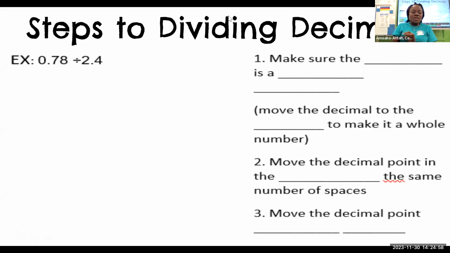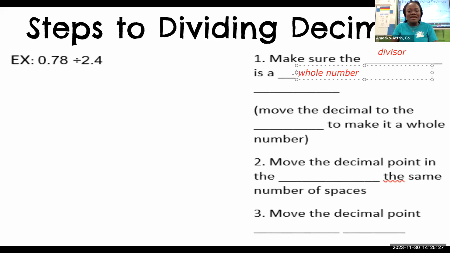One, if you have a problem, for example, 7,800 divided by 2 and 4 tenths, make sure the divisor is a whole number.